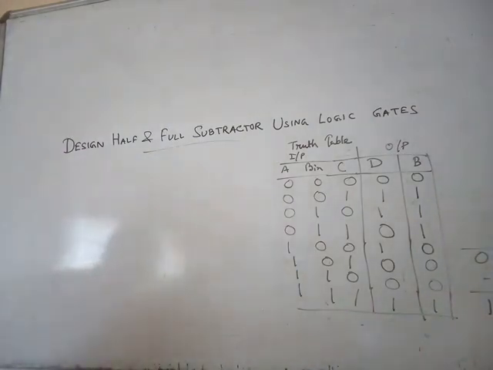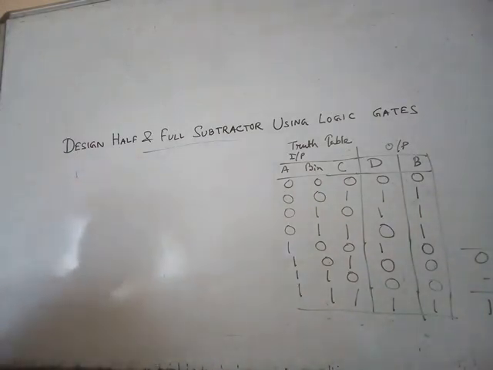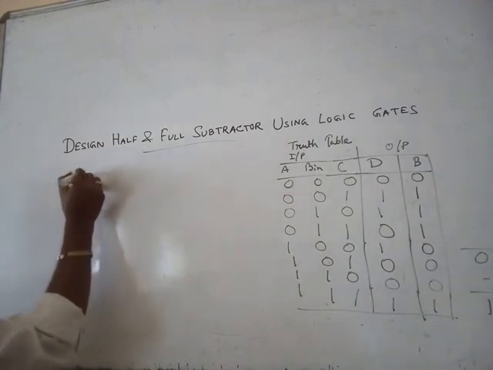We have to get the expression of D and B from the K-map. If you design the K-map, you get the expression. We have to write here.